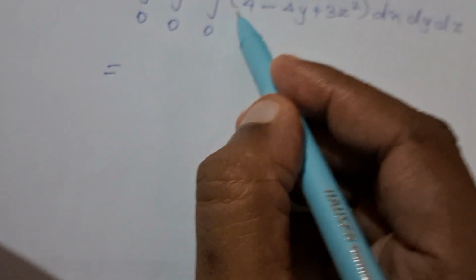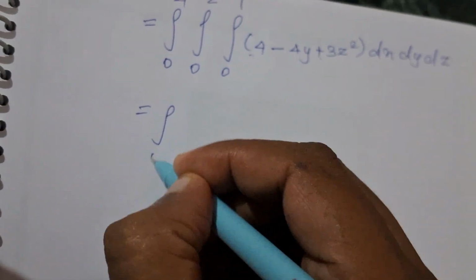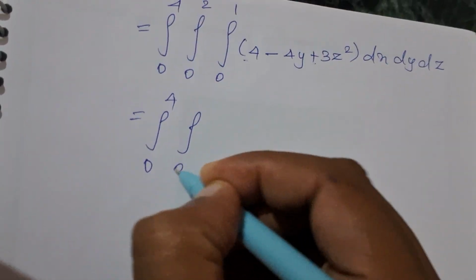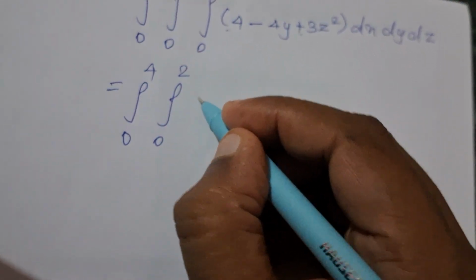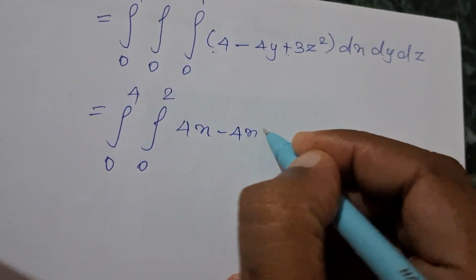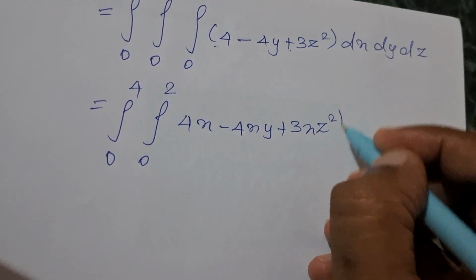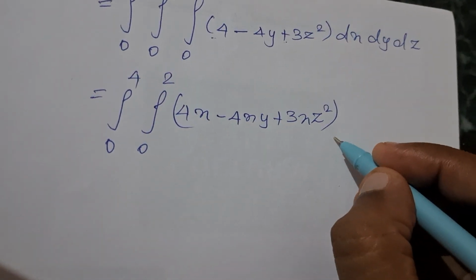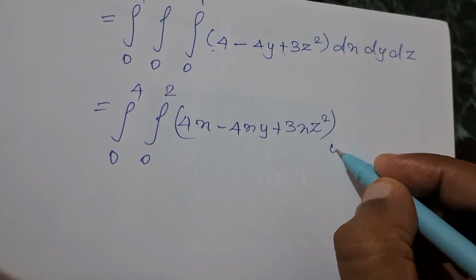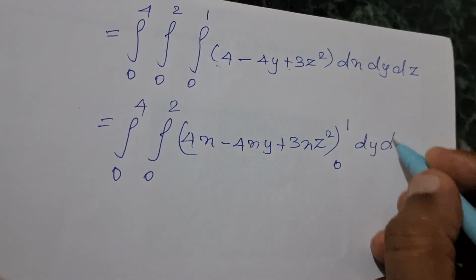First integrate with respect to x. We get the integral from 0 to 4, 0 to 2 of 4x minus 4xy plus 3xz square, with x limit 0 to 1, dy dz.